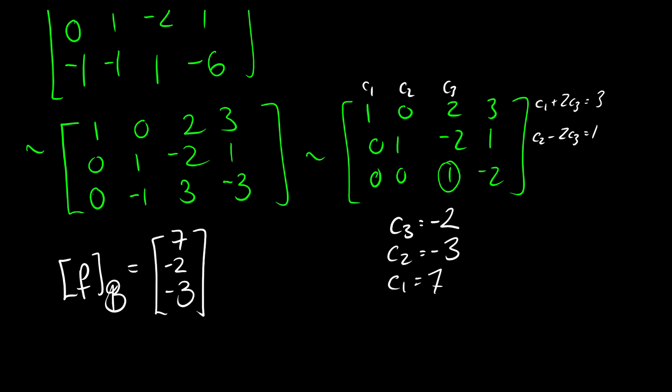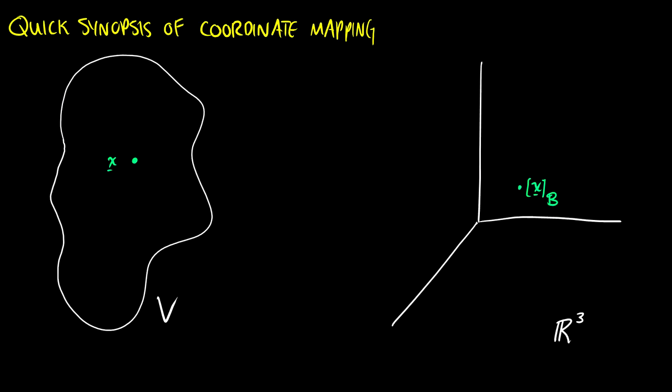Okay, so that's how we do it with polynomials. It's pretty much the same as we did it in the real numbers. Okay, or I should say the real space. Okay. So, here's a quick diagram of coordinate mapping. So I have a vector space V, and in this example I have R3, but this really could be Rn, anything in Rn.